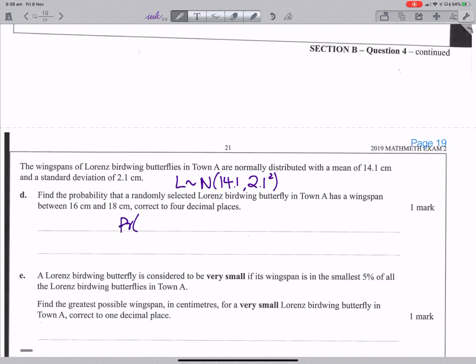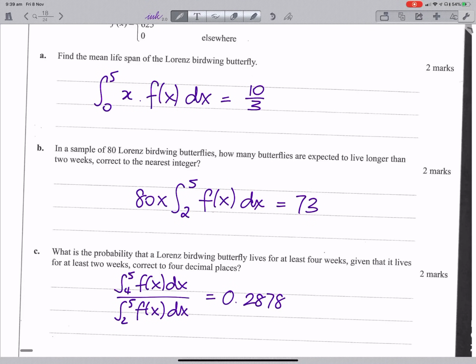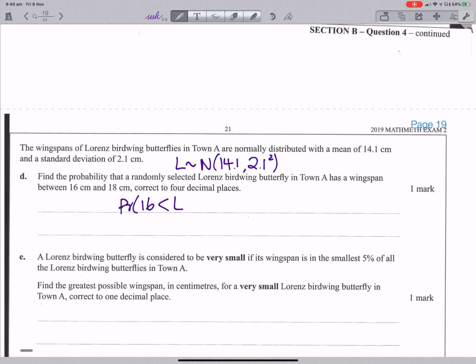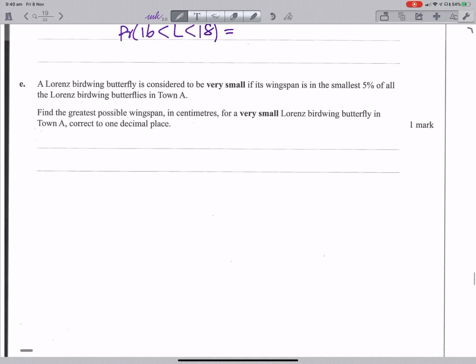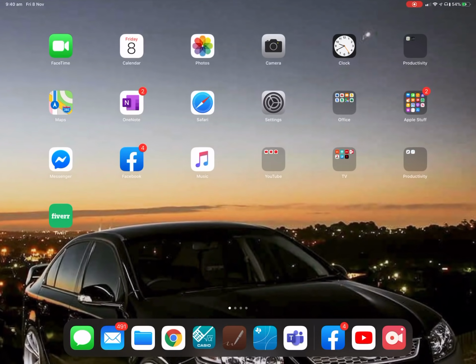So the probability that 16 is less than L, which is less than 18. 4 decimal places. 0.5151.